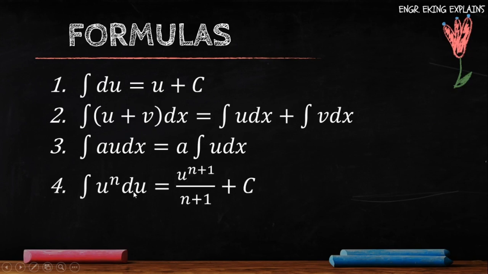Then this is the power formula: the integral of u to the n du, wherein n is the exponent, is equal to u to the n plus 1 over n plus 1 plus c. The last one is the natural log: the integral of du over u, wherein the exponent of u is 1, is equal to ln u plus c.